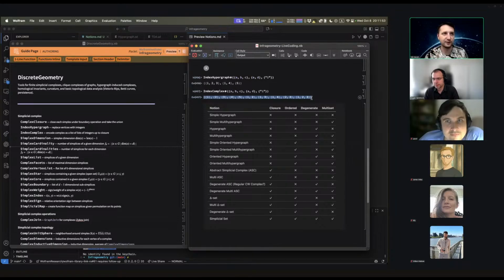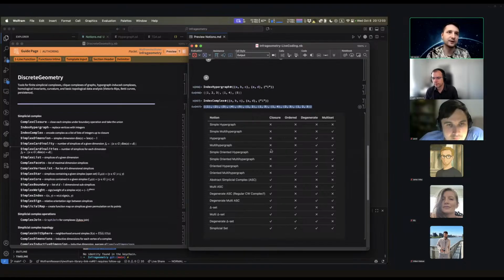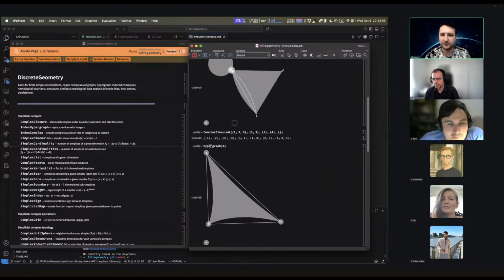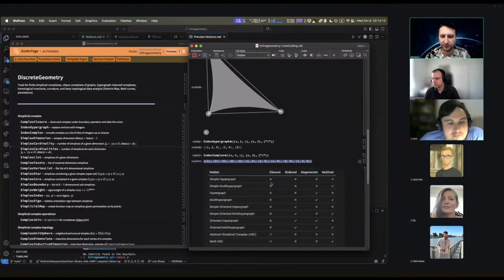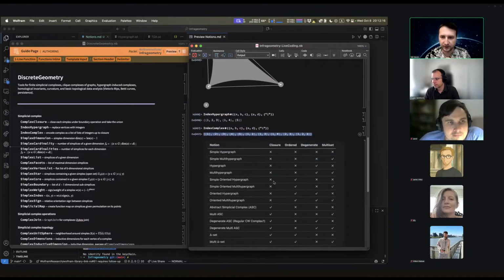And you can turn them on and off to get different things. Half of those are different kinds of hypergraphs because they're not closed, right? They don't require that every triangle, every face, has its boundary edges. That's not required for a hypergraph. That's what closure means, right?